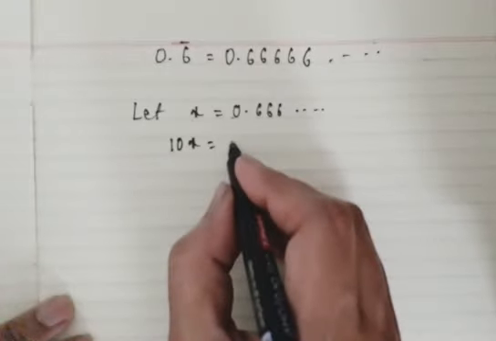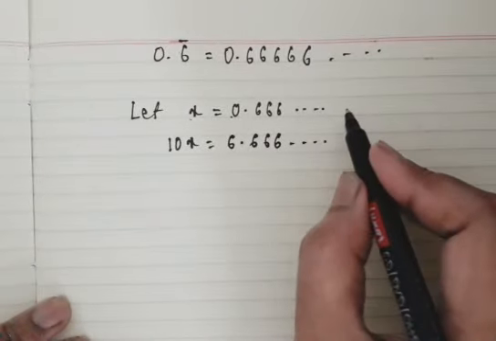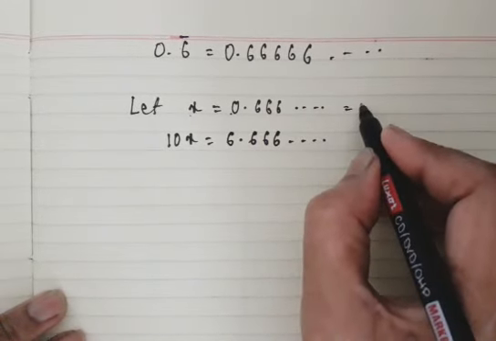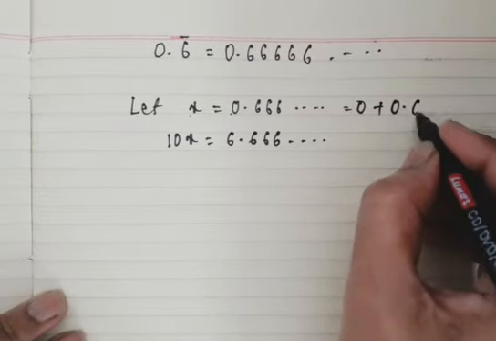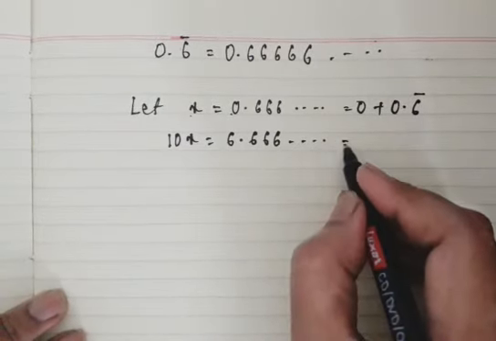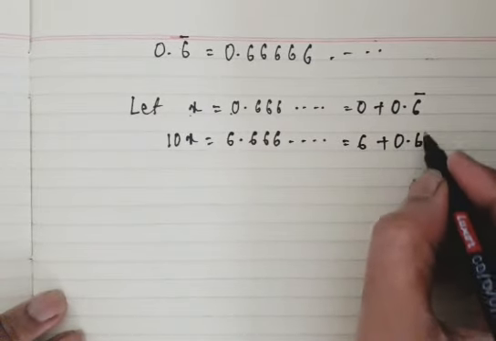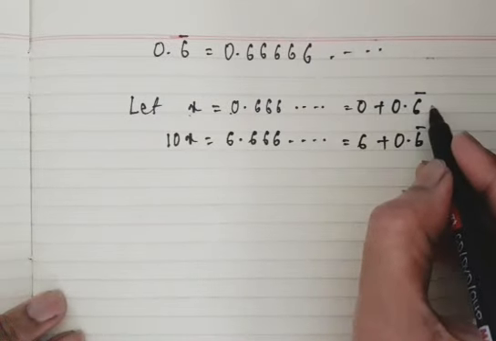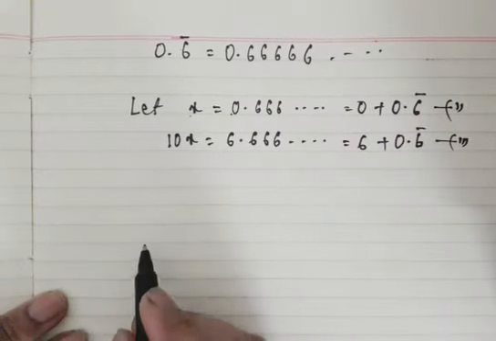So 10x will be 6.666 like that. Now this can be written as 6 plus 0.6 bar. Let us take the first one as equation 1 and the second as equation 2.